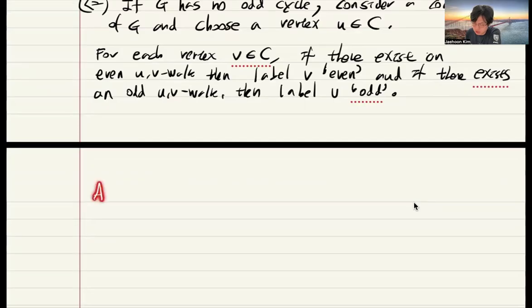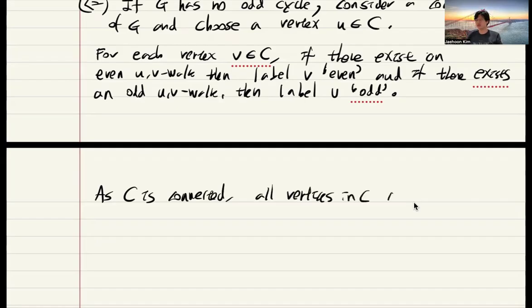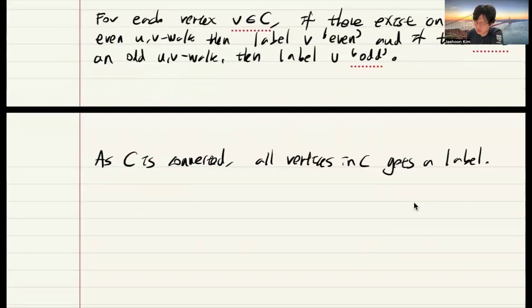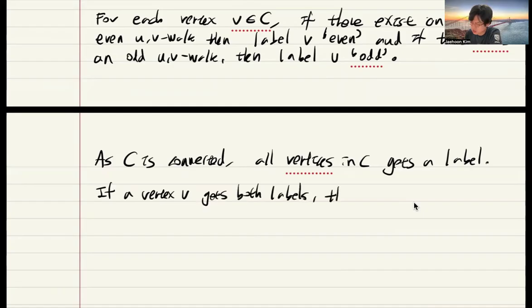Then what do we know? As C is a connected component, if C is connected, all vertices in C get a label. And moreover, this label is well defined, because if a vertex v gets both labels, then what?